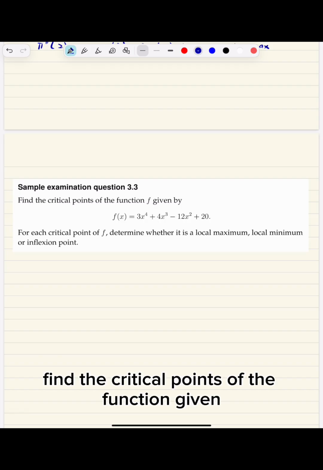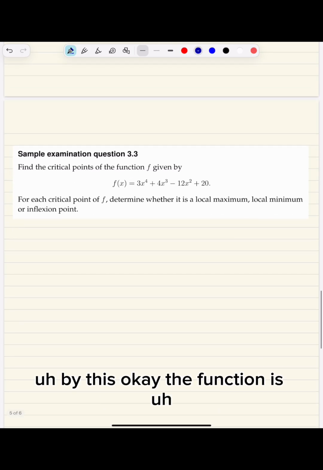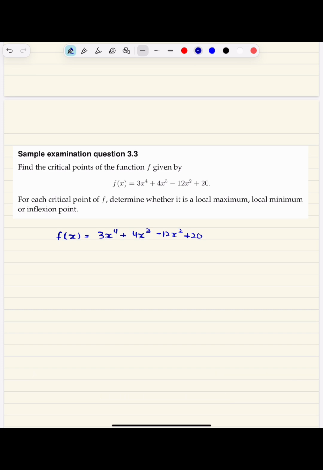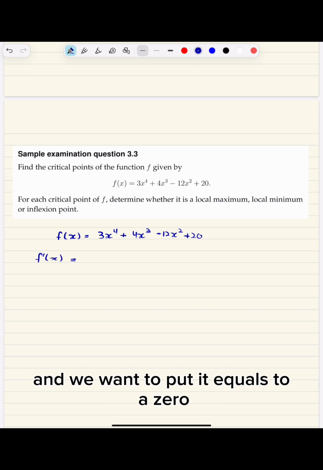Find the critical points of the function given by this. Okay, the function is 3x^4 + 4x^3 - 12x^2 + 20. So we take the derivative and we want to put it equal to 0.